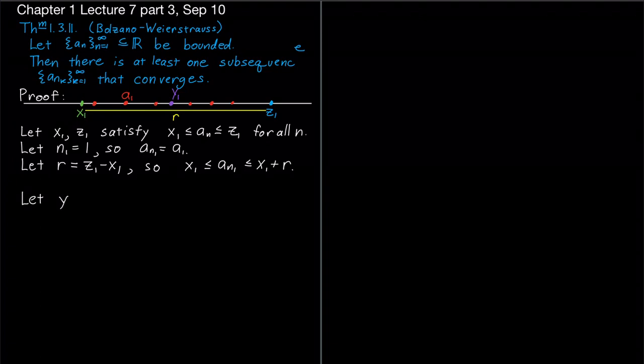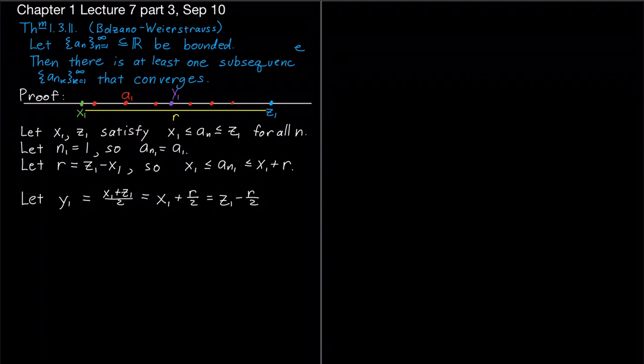We're going to let y_1 be (x_1 + z_1)/2, also known as x_1 + r/2, or z_1 minus r/2, however you want to describe it. So now we have split this x_1 to z_1 range in half. So there's a bunch of points on one side and a bunch of points on the other side.